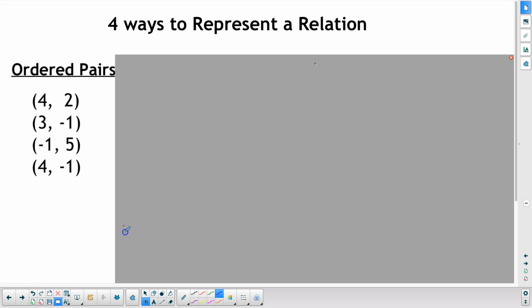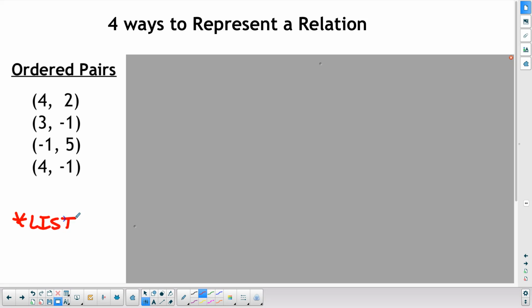we could represent a relation as a list of ordered pairs. So we can just straight up list them out, write them out. That's our relation. That one you've seen.